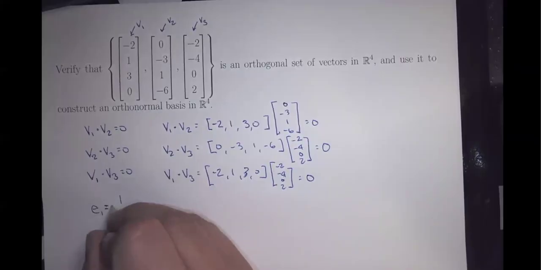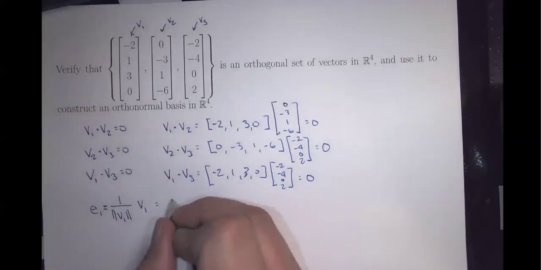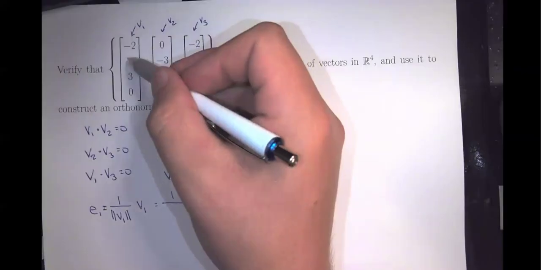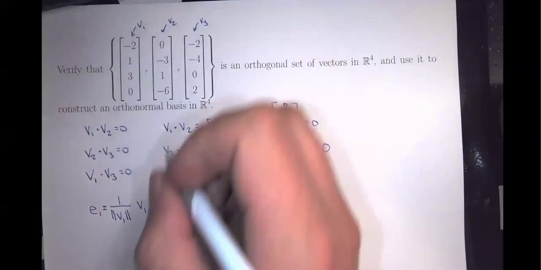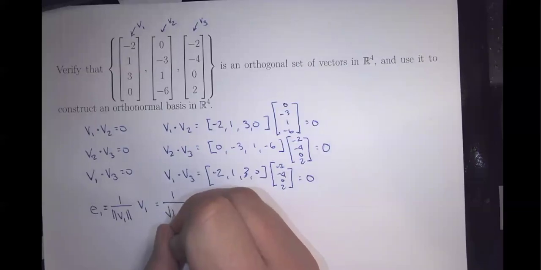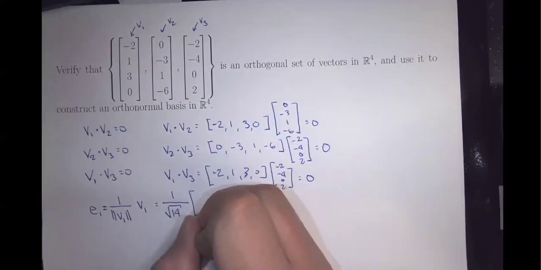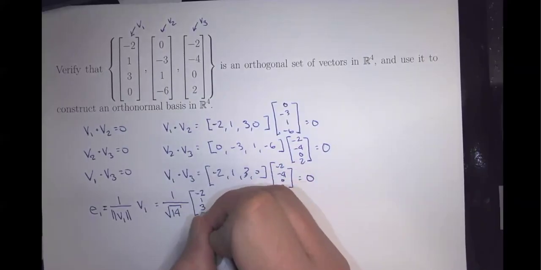So it'll be 1 over the length of V1 times V1. So the length of V1: 2 squared is 4, plus 1 is 5, plus 9 is 14, so 1 over the root of 14 times V1, (-2, 1, 3, 0).